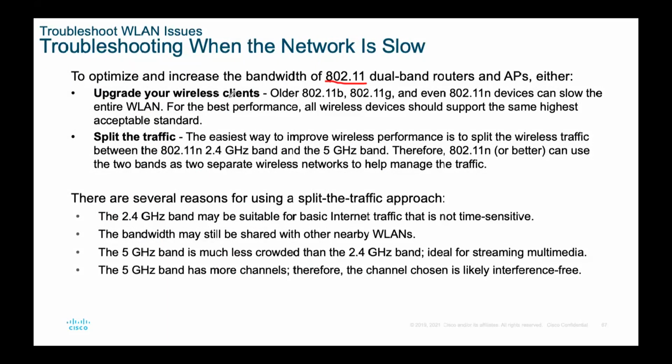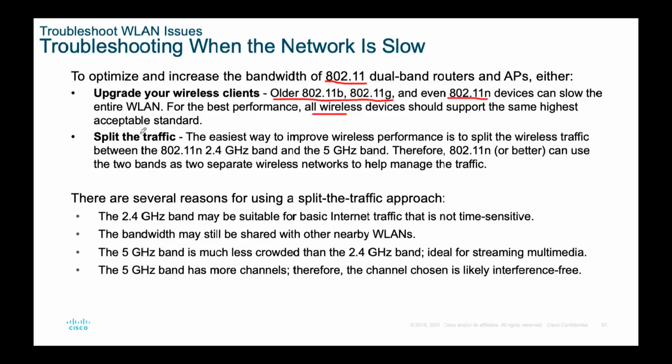For the upgrade, upgrade your wireless clients. Older 802.11b, 11g, and also 11n devices can slow the entire wireless line. For the best performance, all wireless devices should support the same highest acceptable standard.